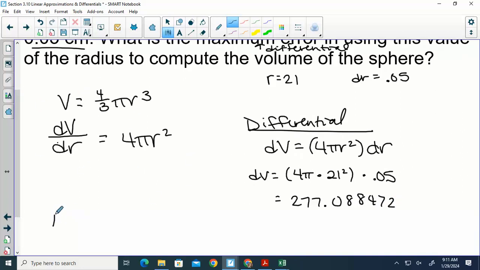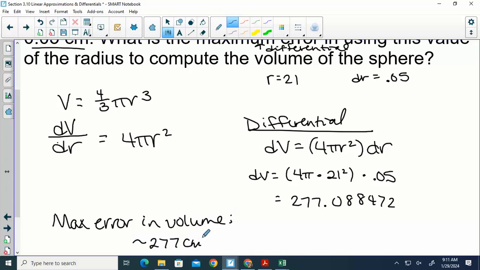So that's my dV, that's how far my volume might be off. So the maximum error in our volume is about 277 cubic centimeters.